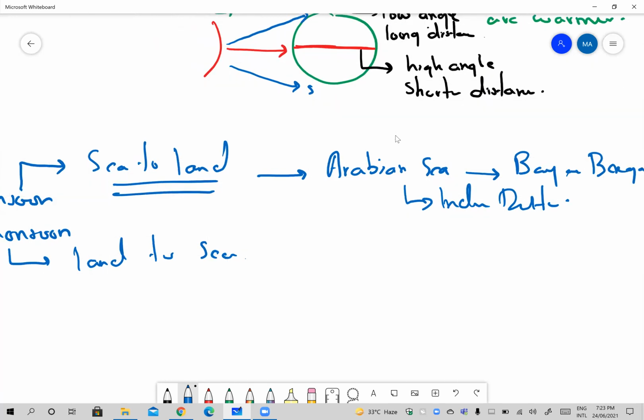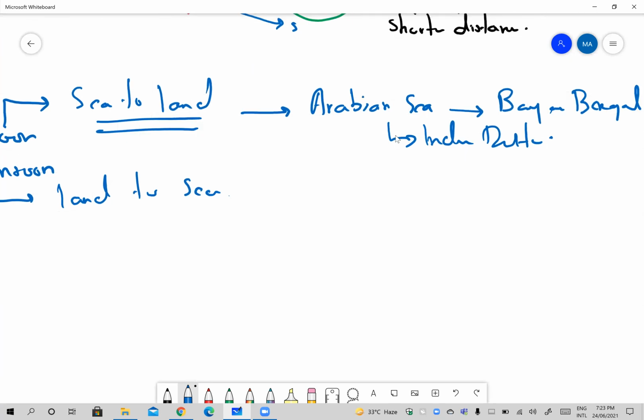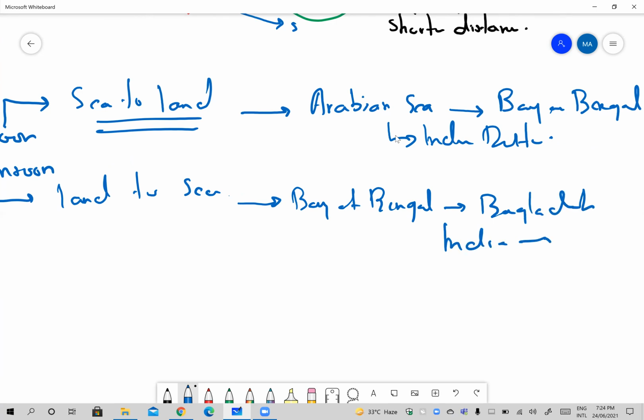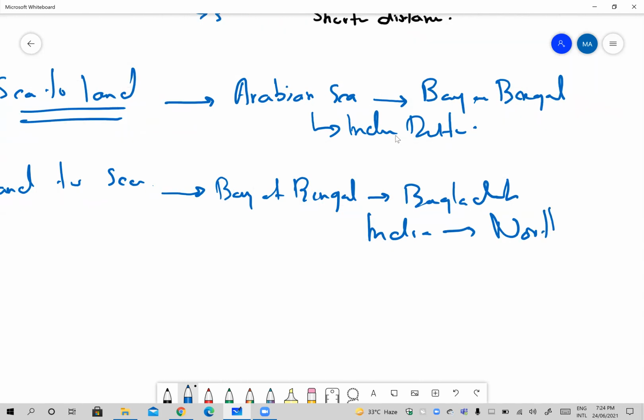The northeastern monsoons that blow in winters from land to sea, okay, so now their path is exactly the opposite of the summer monsoons. They travel from the Bay of Bengal, Bangladesh, India, and then to northern Pakistan.